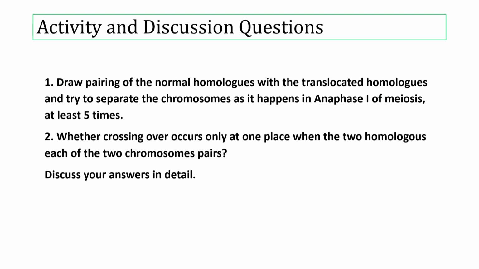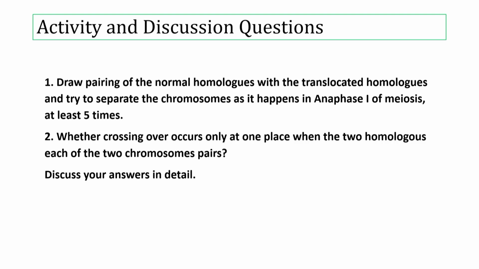If it was chalk and board and one had drawn it, one would have seen how the things are different or not. So you should draw and try to separate the chromosomes as it happens in anaphase 1 of meiosis at least 5 times. Number 2, whether crossing over occurs only at one place when the two homologues, each of the two chromosomes, pair. So these things you have to discuss.